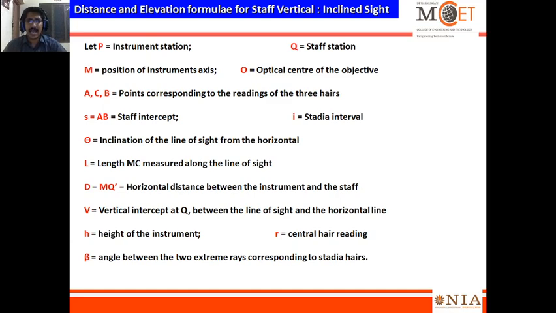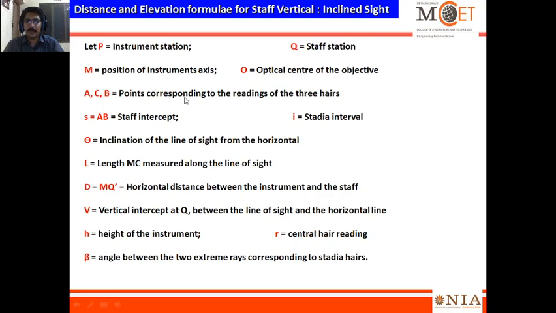Next is the important one, distance and elevation formula for the staff vertical. Till now we have seen the telescope in horizontal angle. Now we are going to rotate the telescope either upward or downward, so it is an inclined line of sight.